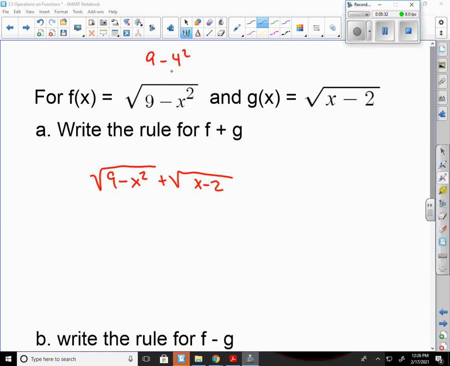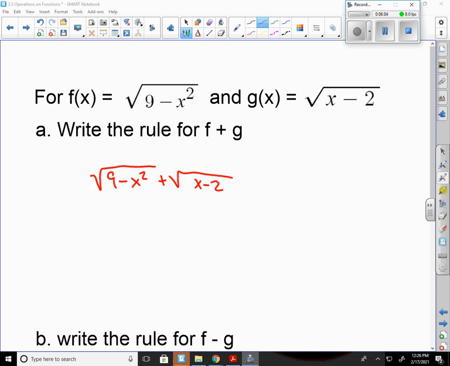What's 4 squared? 16. So then I would have 9 minus 16, which would give me the square root of a negative 7. Can I take the square root of a negative? No. I can only take the square root of 0 or higher. So it can't be going up to infinity. It can't be all real numbers. There has to be some cutoff here.